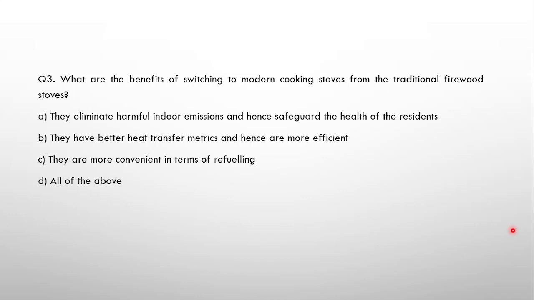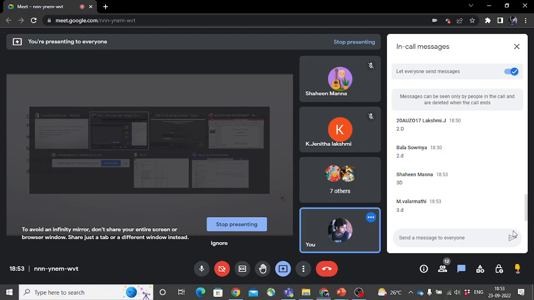B, they have better heat transfer metrics, that is because the firewood stoves are open, so the modern stoves have better heat transfer metrics. C, they are more convenient in terms of refueling. Or D, all of the above.